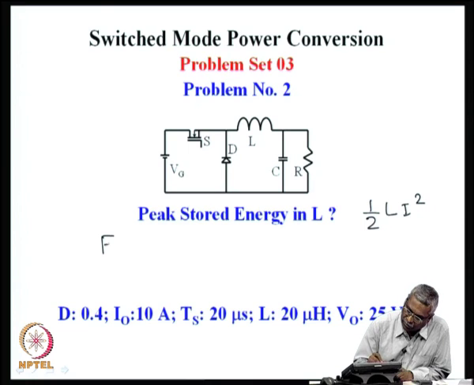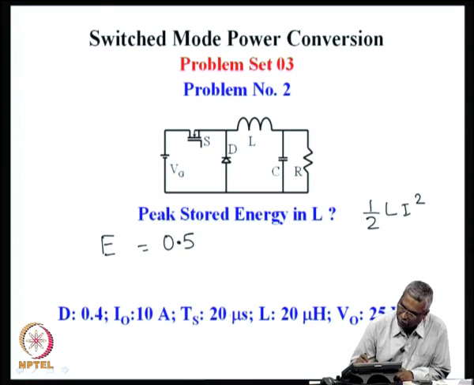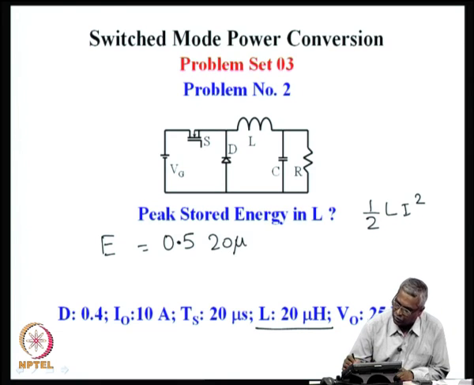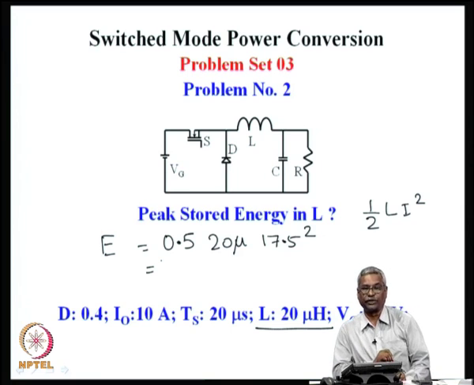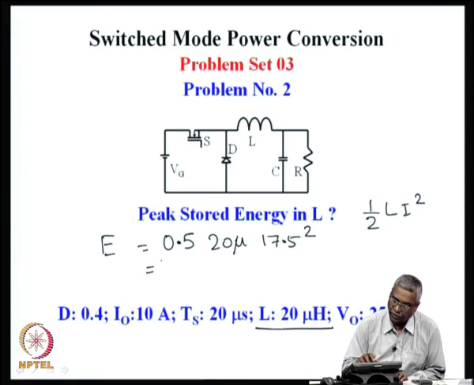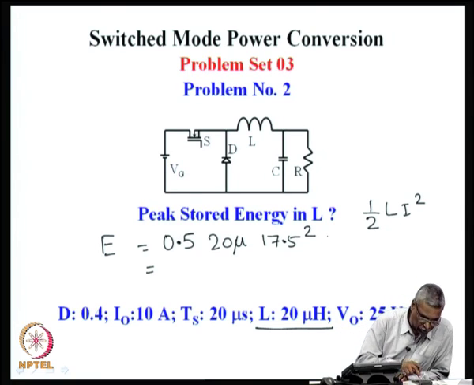In this example, this energy peak is 0.5 and L is 20 microhenry and the peak current is 17.5 amperes, 17.5 square, and that would be in joules. The unit for energy is joules.